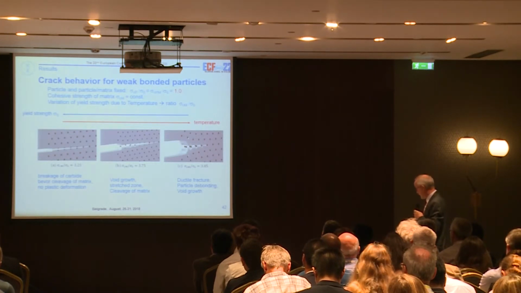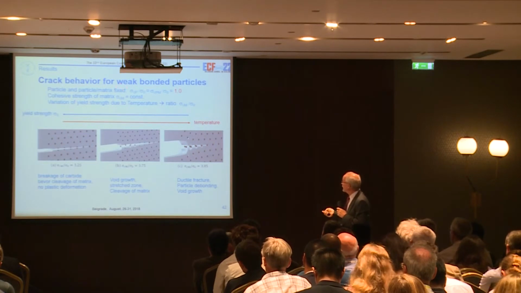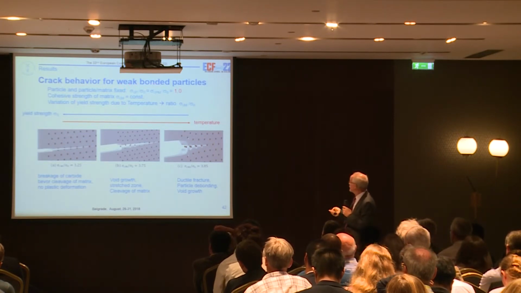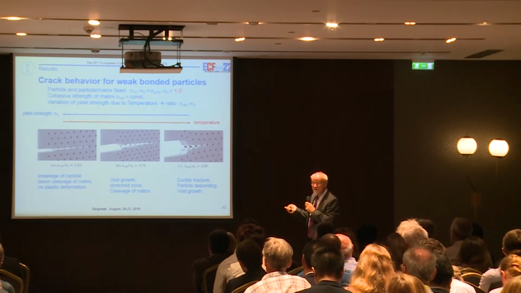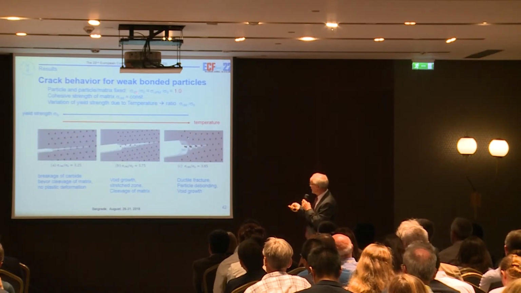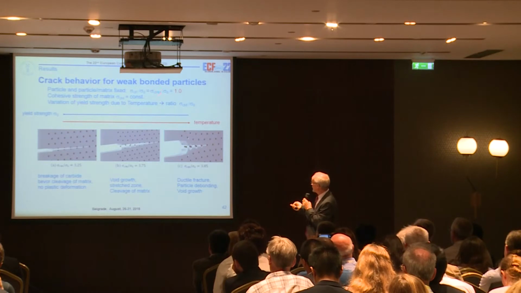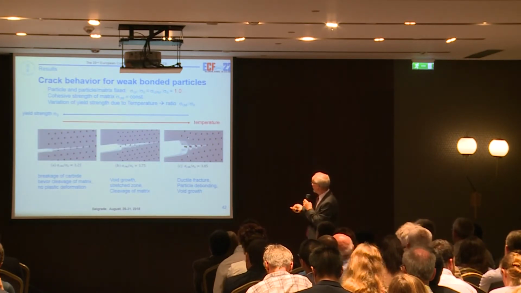And this is one result. We first assume weakly bonded particles. So we have to understand we have three cohesive strength parameters: one, the strength of the particle, two, the strength of the interface between particle and matrix, and three, the strength of the matrix. Please be careful.